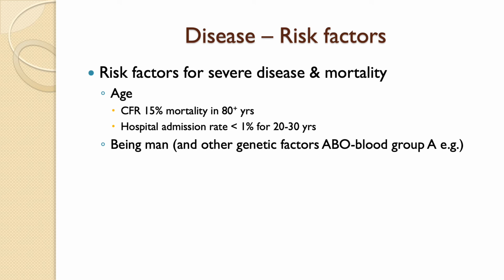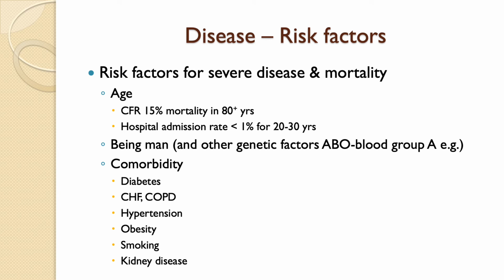Well, in terms of diversity, it is not a very fair disease. Being a man is a bigger risk, and other genetic factors have also been recognized, like the blood group. For instance, blood group A is associated with a higher risk of mortality, whereas blood group O is associated with a lower mortality.